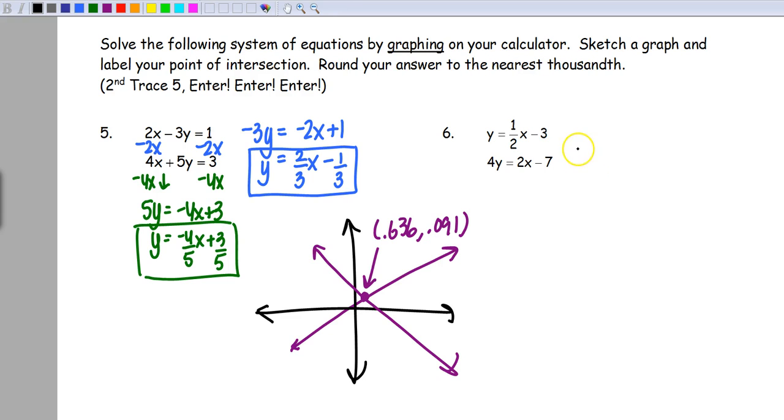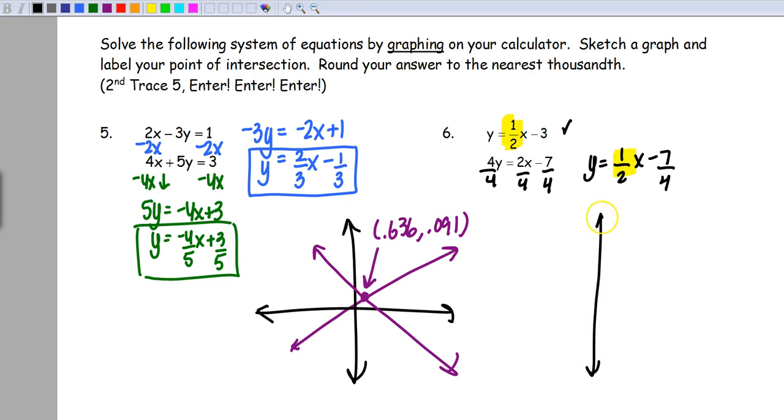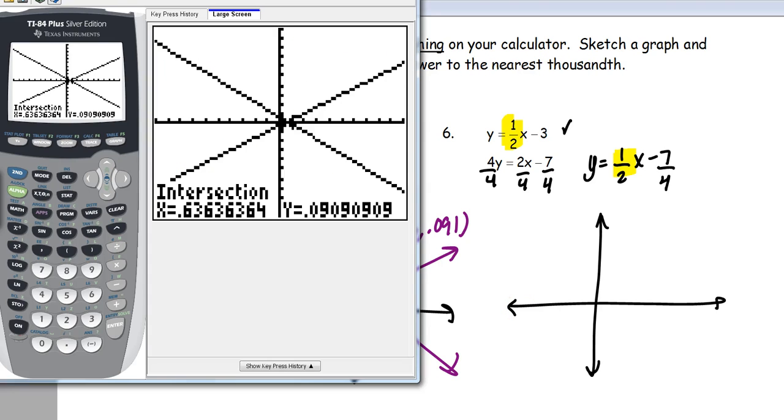Okay. Last one. First equation, slope-intercept form. Great. Second equation, divide by 4. Now, you should notice that you do have the same slope, which means that these lines will be parallel. But you can graph it anyways.